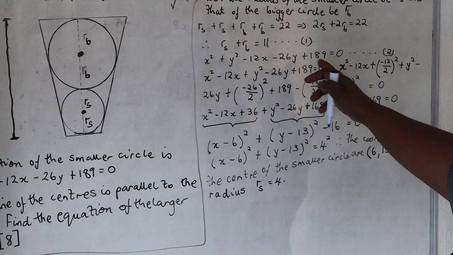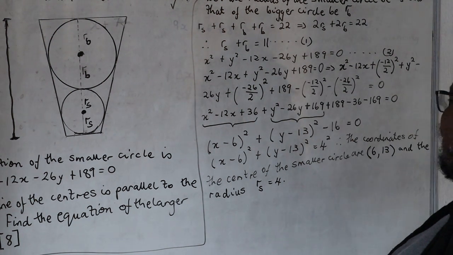Then from equation 1, we have RS equal to 4.